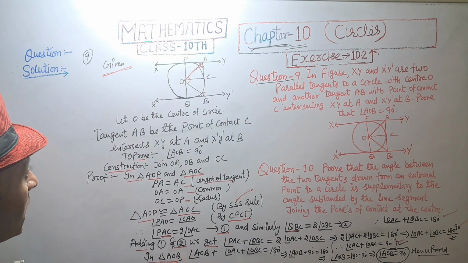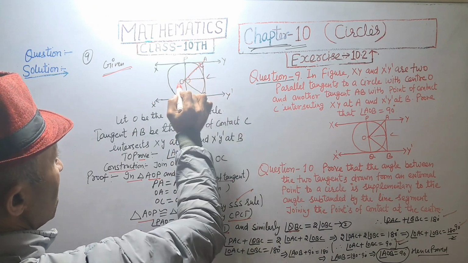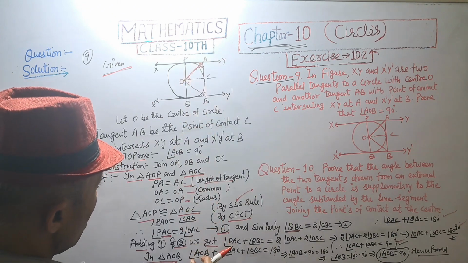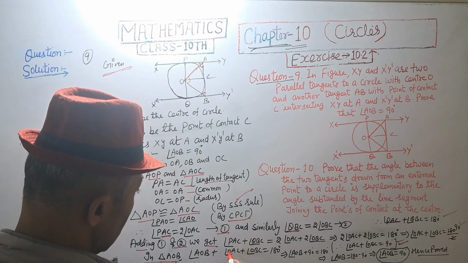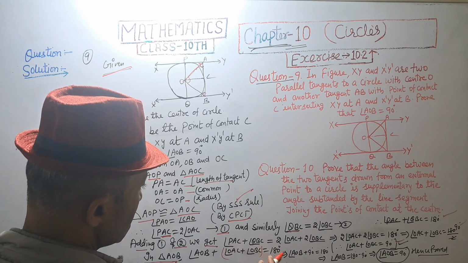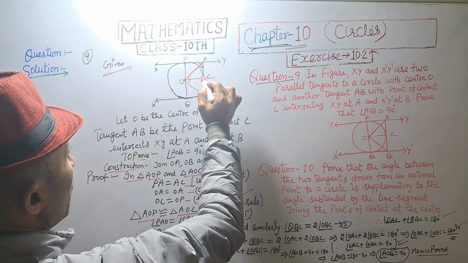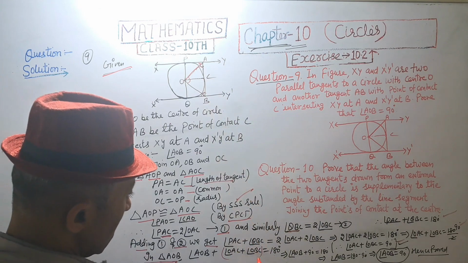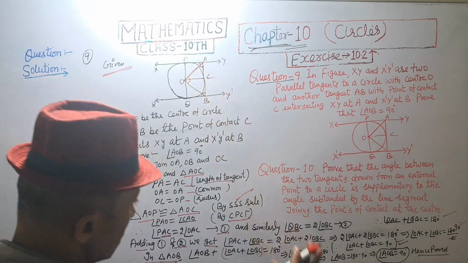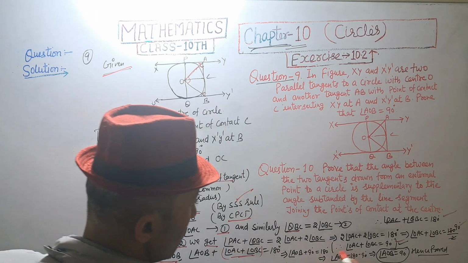In triangle AOB, angle AOB plus angle OAC plus angle OBC is equal to 180 degrees.